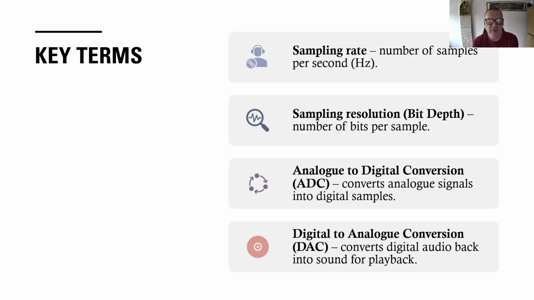This process of going from analog to digital is called an analog to digital conversion, or ADC. That converts analog into digital, and then the reverse, DAC, converts digital back to analog. For example, when you're playing audio back through a speaker, we're creating analog sound waves again.